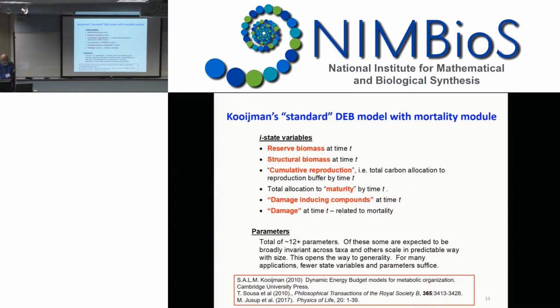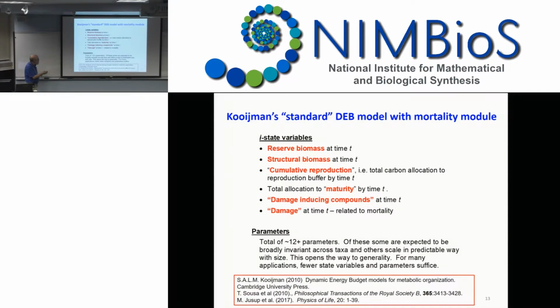Mathematically, what does Kooijman's model look like? There are 4 variables here that correspond to the boxes in that picture that I showed, and then there are 2 variables, if you want them, that characterize the mortality component.